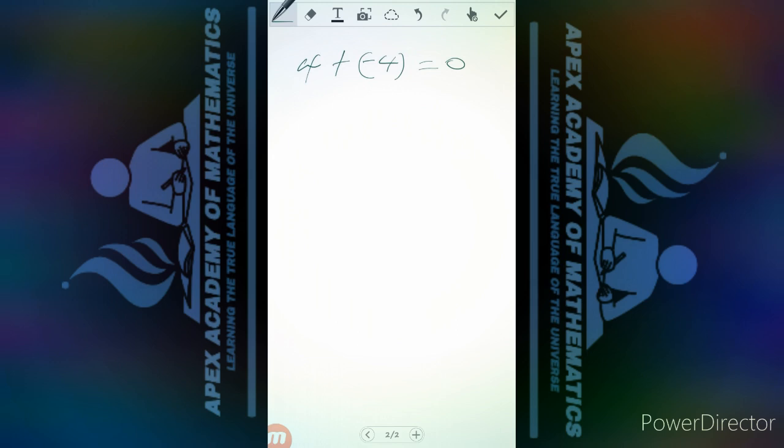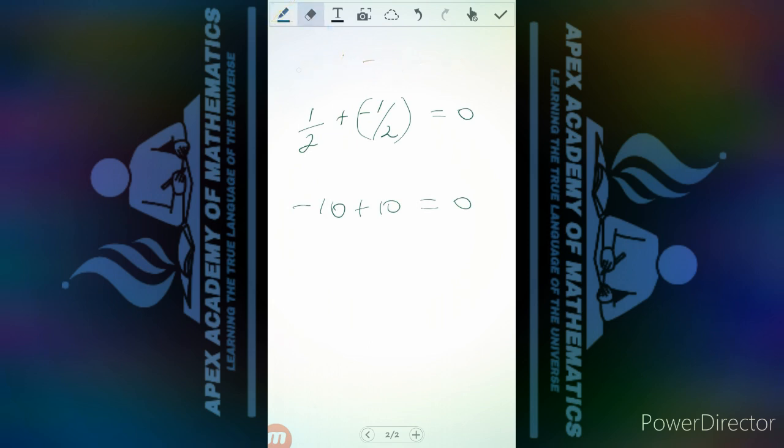The opposite of 4 is -4, so when I add that to itself, I'm going to get 0. It doesn't matter if it's a fraction, let's say half plus -1/2, I am going to get 0. And if it's the other way around, let's say -10 plus 10, I'm going to get 0. These are pretty much very basic concepts in math.